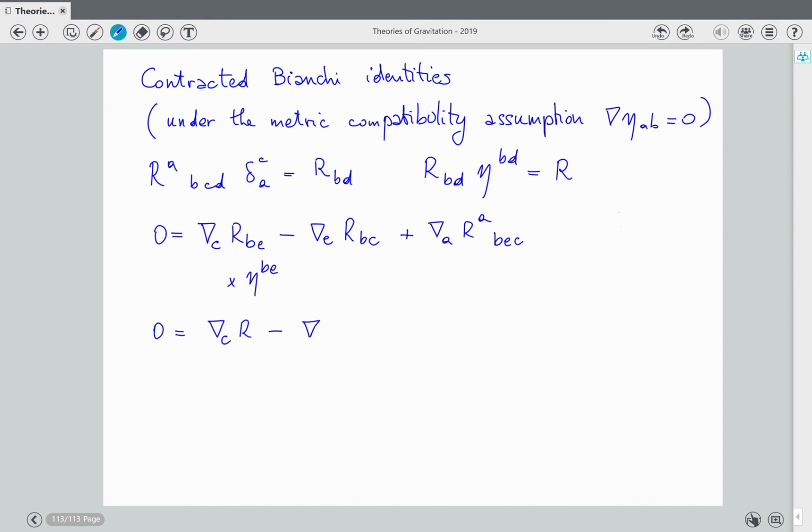So to avoid the confusion, maybe I write Ric, something like that, B, C. The Ricci tensor is symmetric, by the way.